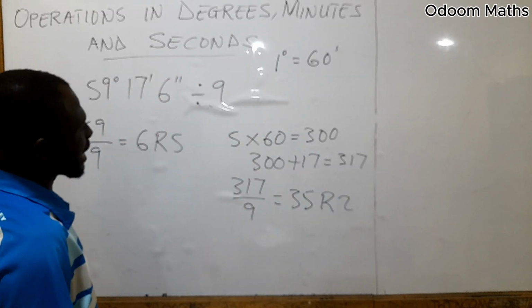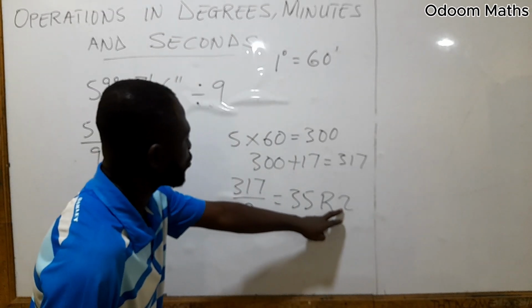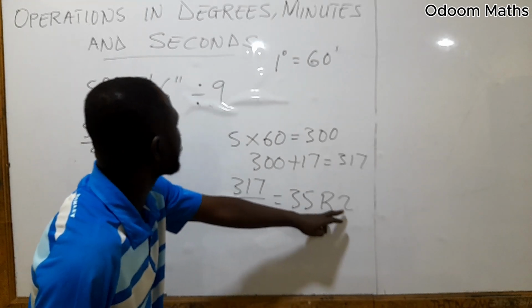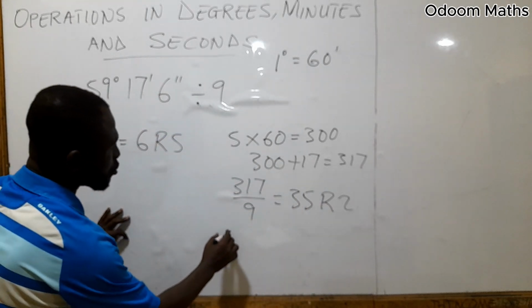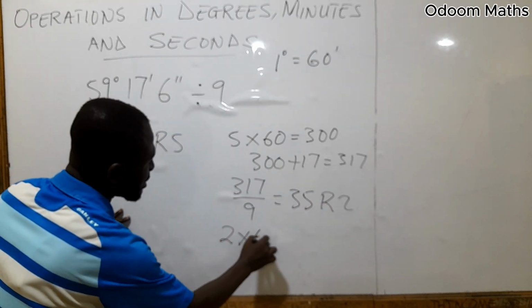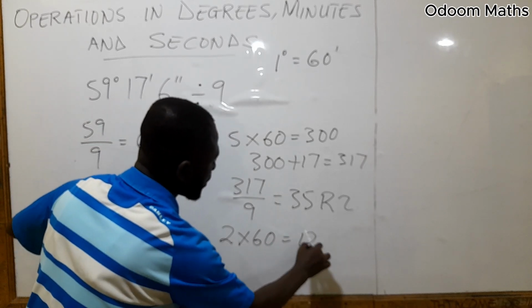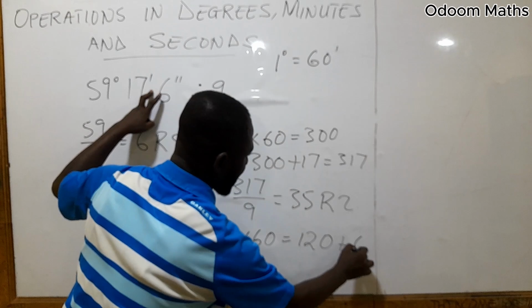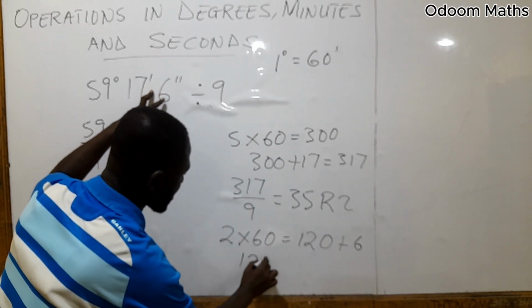Now this 2 is to come to this side, so we multiply this 2 by 60, and the answer is 120, plus the 6, which is 126.